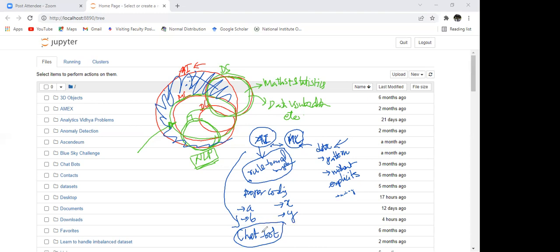It almost mimics the human. Of course, it does not carry human intelligence, but it almost mimics the human process. But a chatbot won't be considered ML as such, because we don't feed data to the chatbot so that it learns on its own.